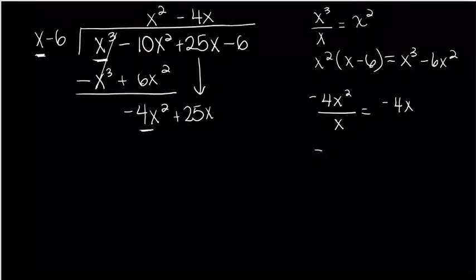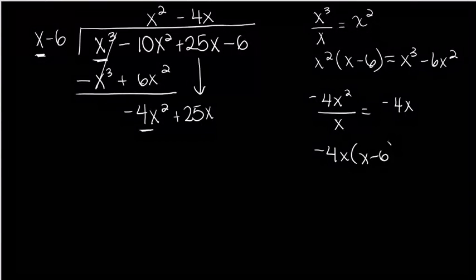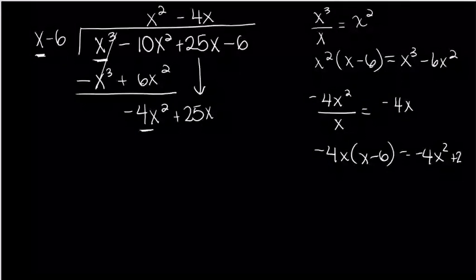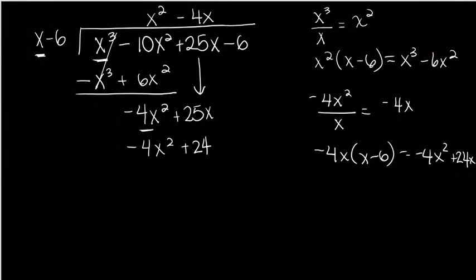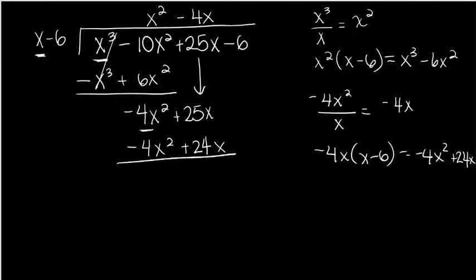I'm going to multiply again my negative 4x times that x minus 6, and it gives me negative 4x squared plus 24, and that's going to go here. And it actually should be 24x. I'm going to subtract, so I'm going to change my signs. These cancel out, and it gives me just an x.